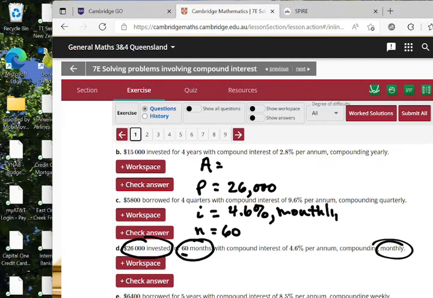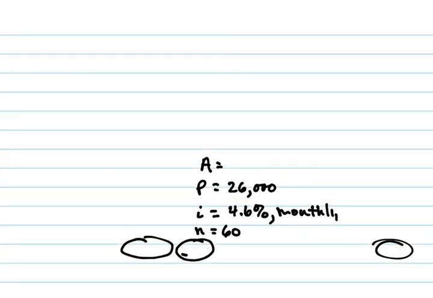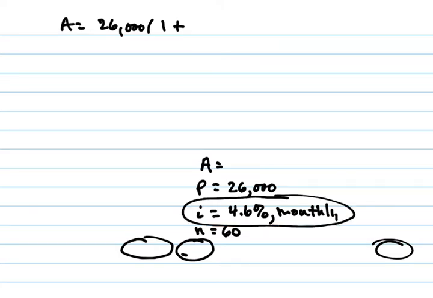Let's just flip over to some notebook paper so we can do the work. So our formula, A equals our principal, which is 26,000, times 1 plus our interest as a decimal, but we have interest as a percent, and it's compounded monthly.